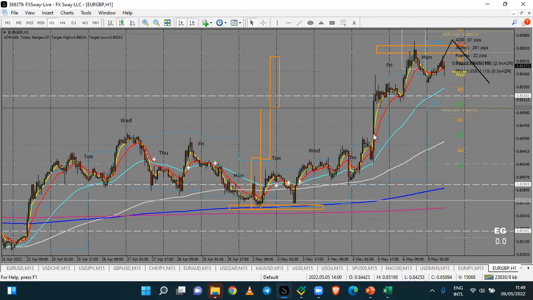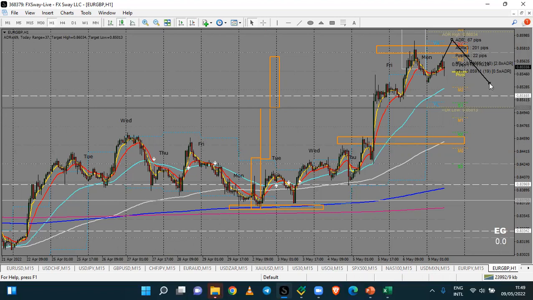We have here what we call a fair value gap, and this area here. So this will be our best area for price to reverse and continue up.